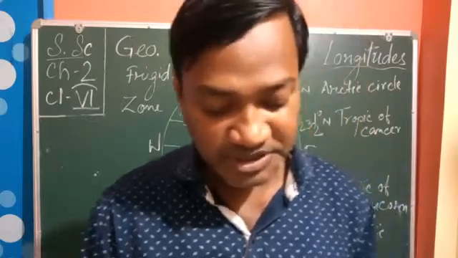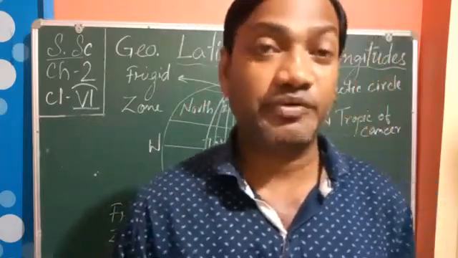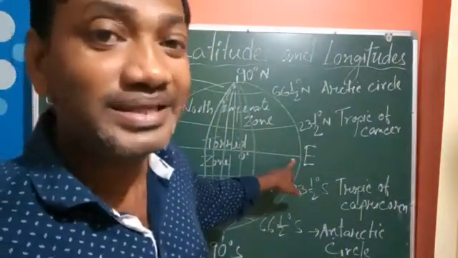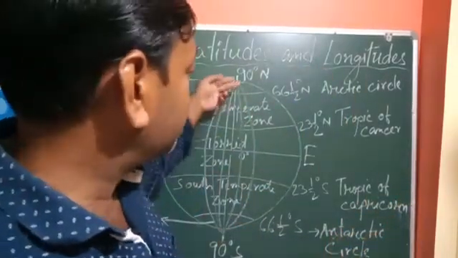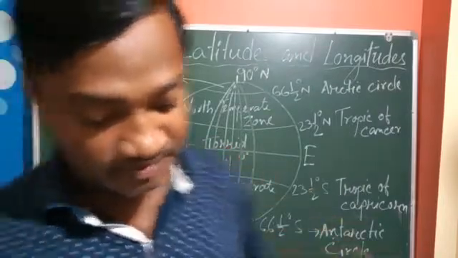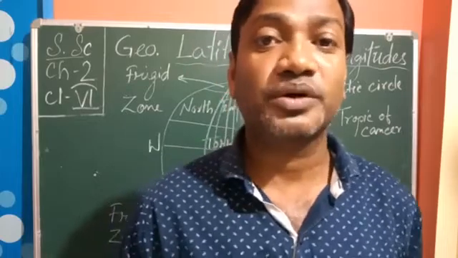The maximum distance between any two meridians is at the equator. We know the equator is bulging, that means it is a little bigger here, so the distance we find here is more.